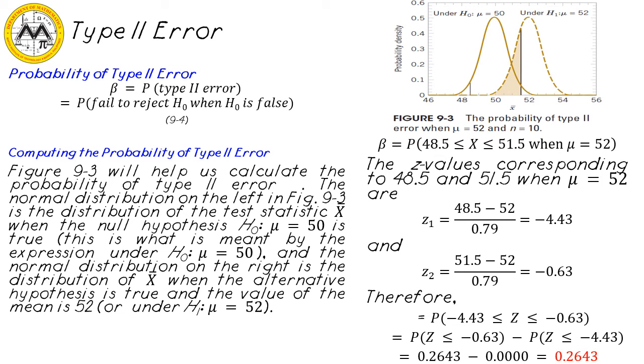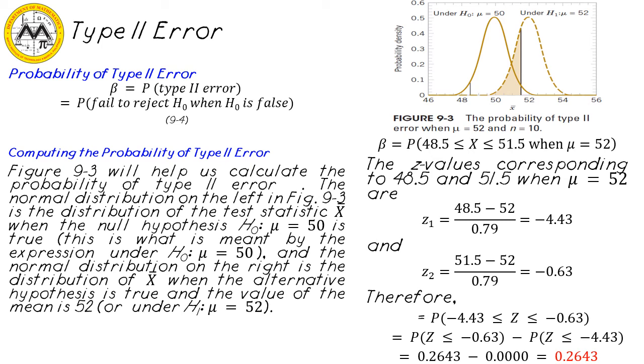The normal distribution on the left in figure 9-3 is the distribution of the test statistic x bar when the null hypothesis H0, mu equal to 50, is true. And the normal distribution on the right side is when the alternative hypothesis is true and the value of the mean is 52. So the z values corresponding to 48.5 and 51.5 when mu is equal to 52 are negative 4.43 and negative 0.63.